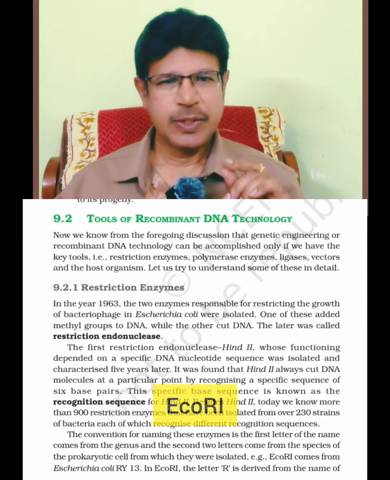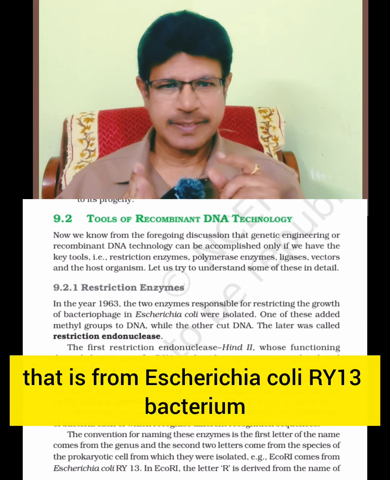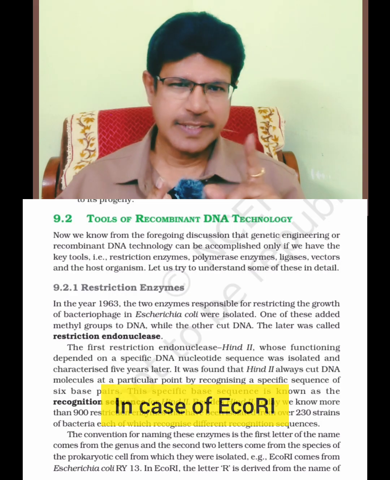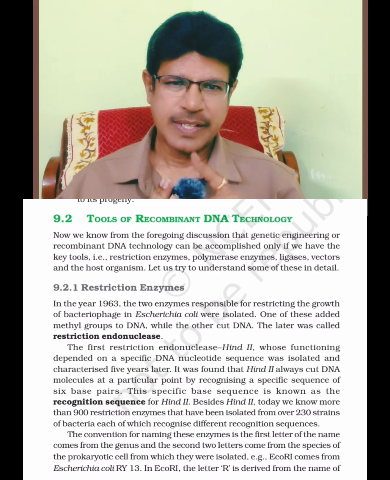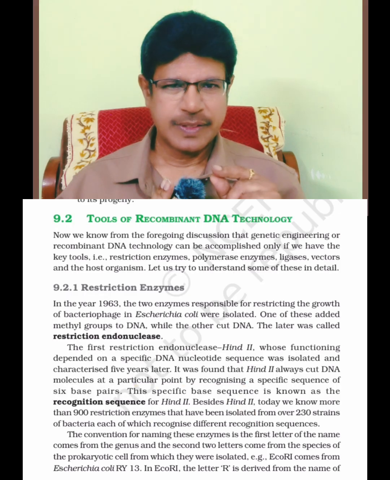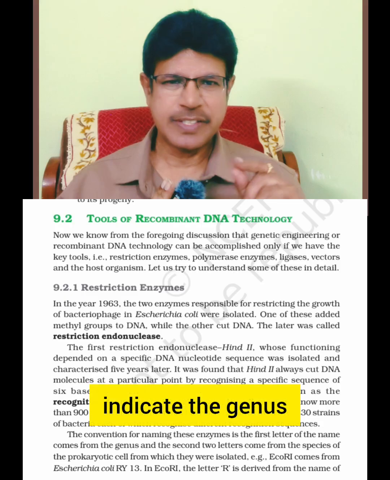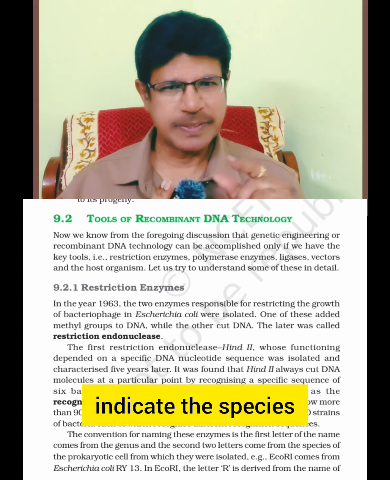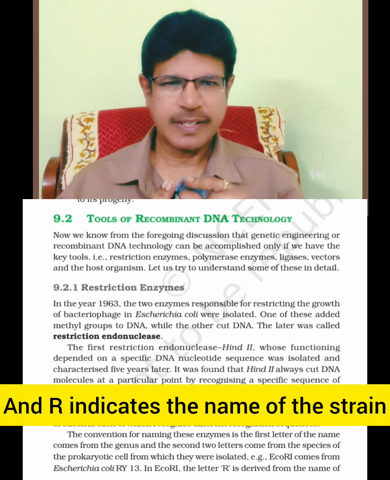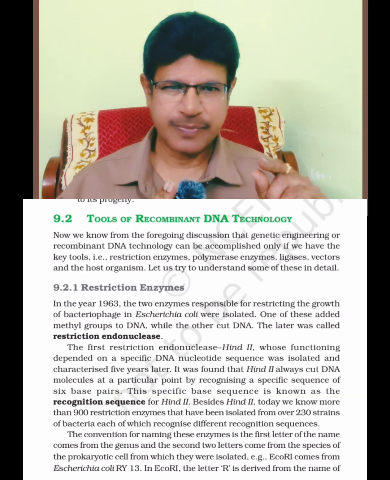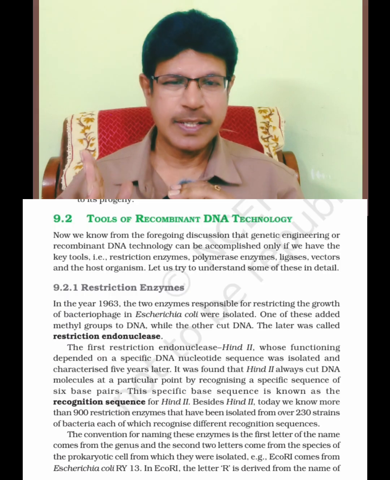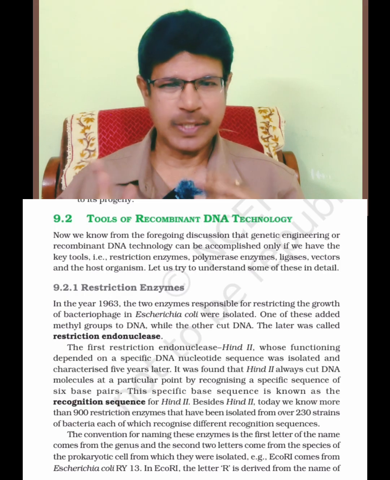Next, EcoRI, that is from Escherichia coli RY13 bacterium. In EcoRI, the first letter, the capital letter, indicates the genus. The second two letters, co, indicate the species, and R indicates the name of the strain, and Roman numeral I is the order of isolation from that particular bacterium E. coli.